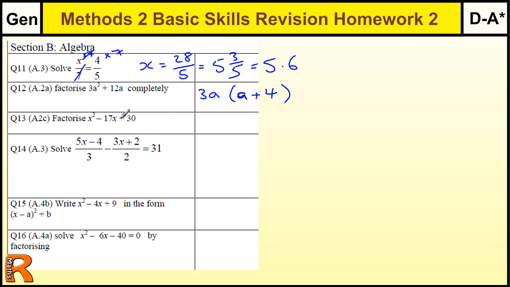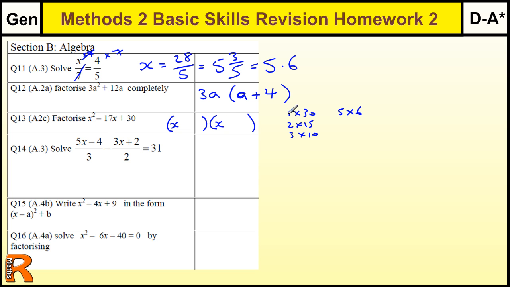This one is a proper double bracket factorisation, so we're looking for a double bracket that factorises to give us this. So we're looking at what multiplies to give us 30. We've got 1 times 30, we've got 2 times 15, we've got 3 times 10, we've got 5 times 6. And then we need to add to give us minus 17.